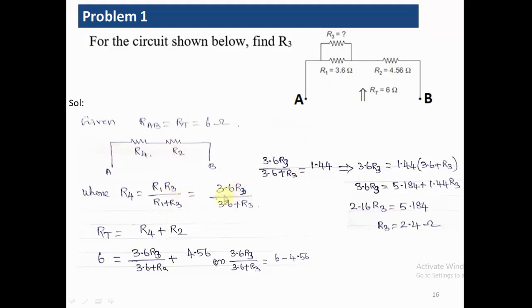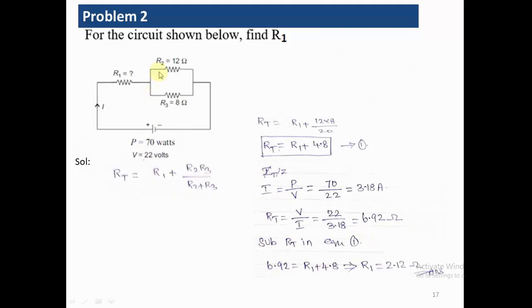If you substitute in this entire equation, RT, the total resistance, is 6 ohms, R4 is nothing but this parallel combination, plus R2 is given here. If we take the constant terms to the left hand side and equate, we get R3 as 2.4 ohms. So we have applied the parallel combination of resistance.